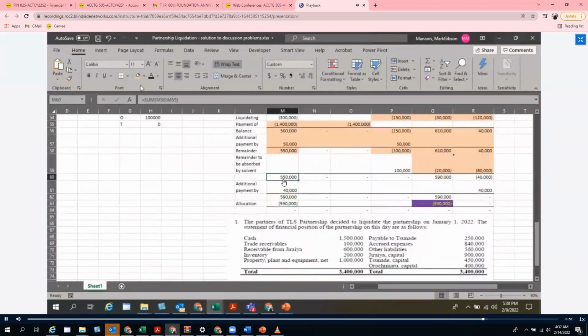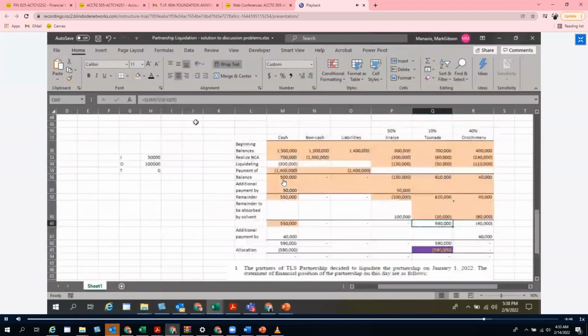So after that, let's calculate ulit yung mga remaining balances. So that's 550,000 pesos cash, 590,000 pesos for Tsunade, and then 40,000 pesos for Orochimaru. Okay, class, stop muna tayo dito kasi pansinin mo, also in requirement number 4, it mentioned there that Orochimaru is solvent up to how much? 100,000 pesos. And that's sufficient enough to cover yung debit balance niya in the partnership capitalization. So in that case, he can still contribute cash to the partnership.